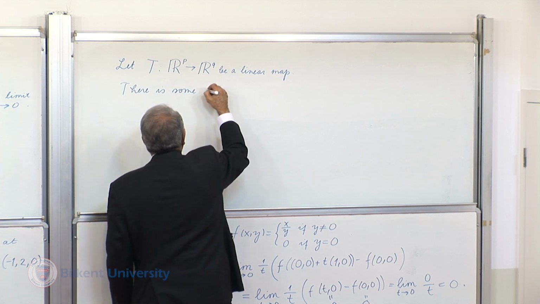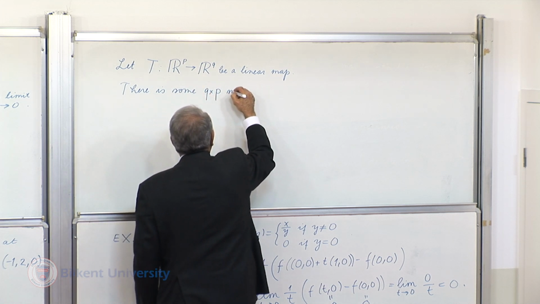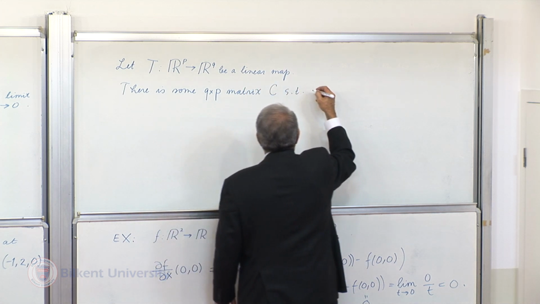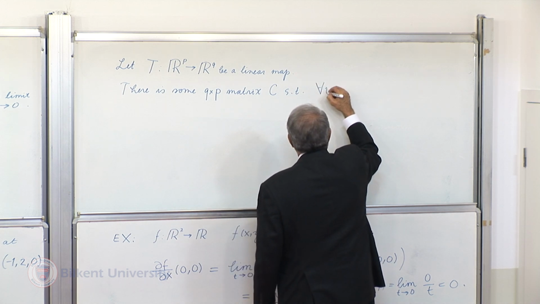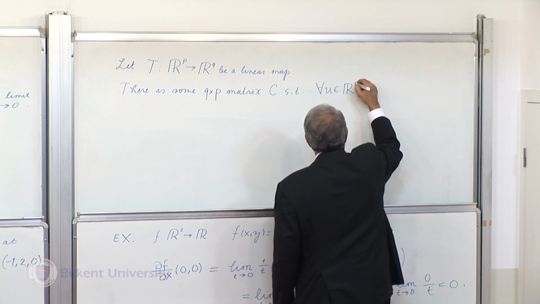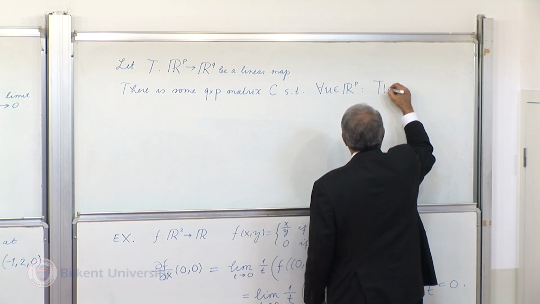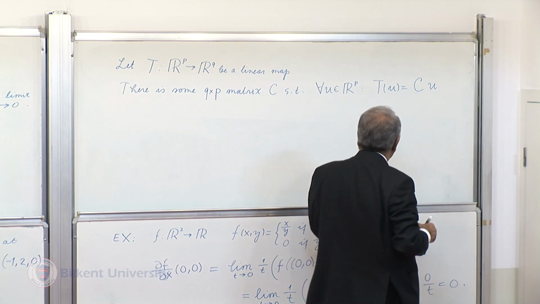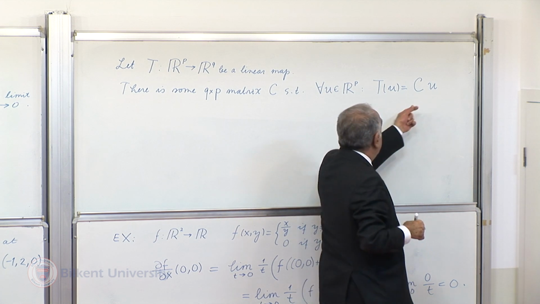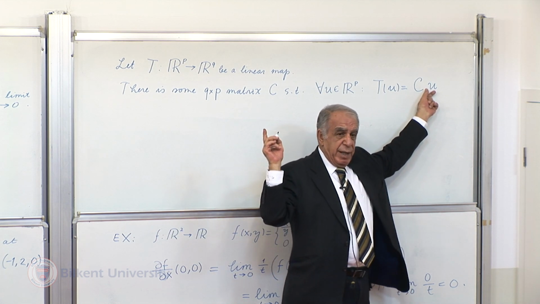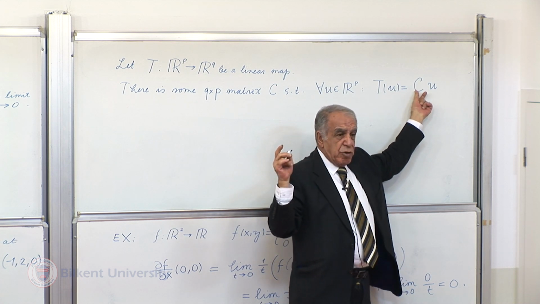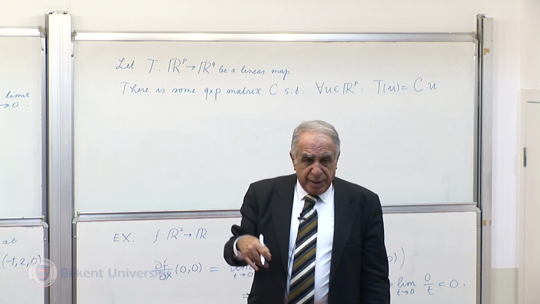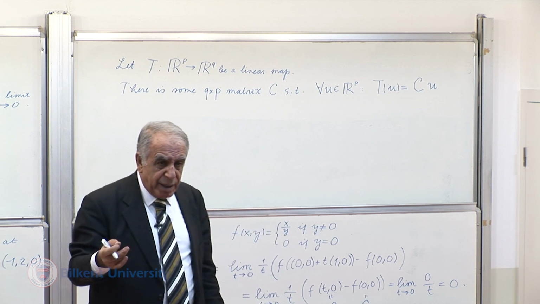Now, there is some q by p matrix, say C, such that for all u in Rp, we have T of u is equal to C times u. But now we have to make clear u is a member of Rp. This is a q by p matrix. Well, here we represent u as a column matrix, as a p by 1 column matrix.